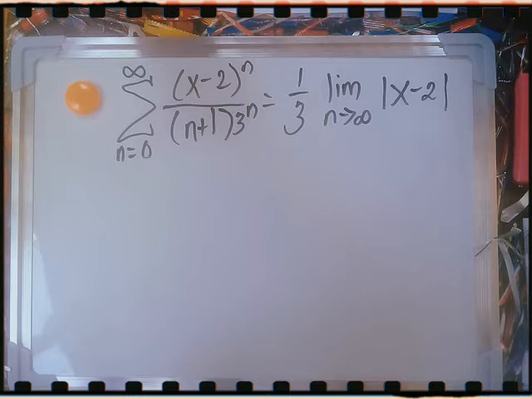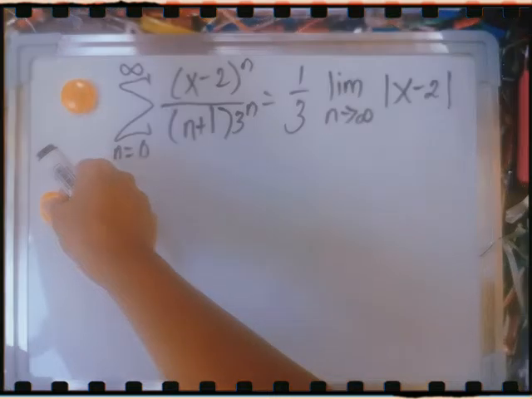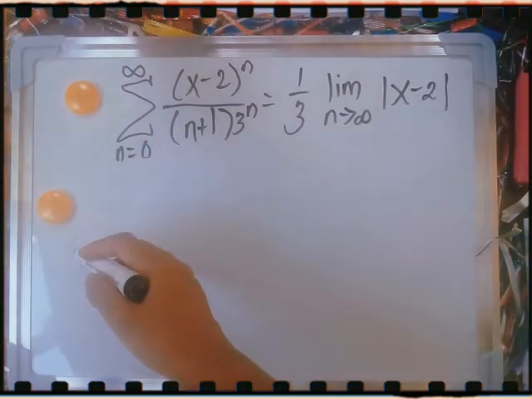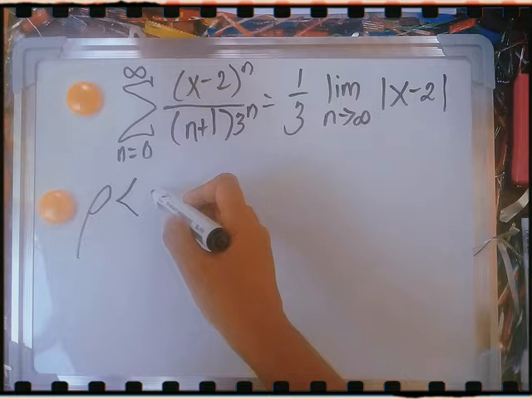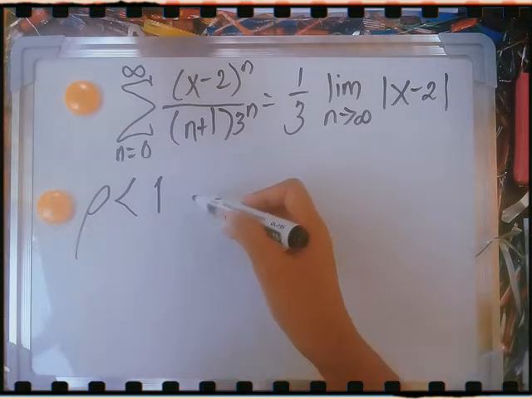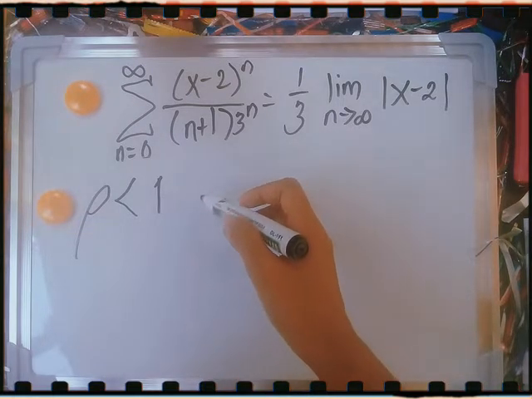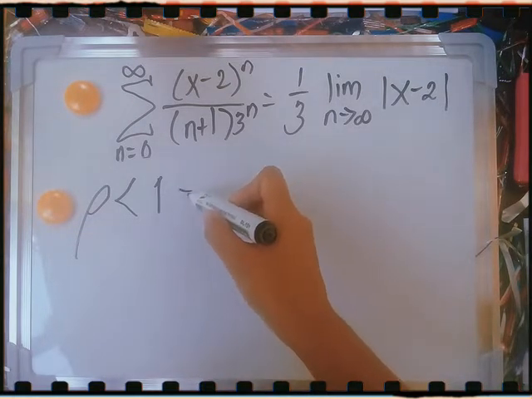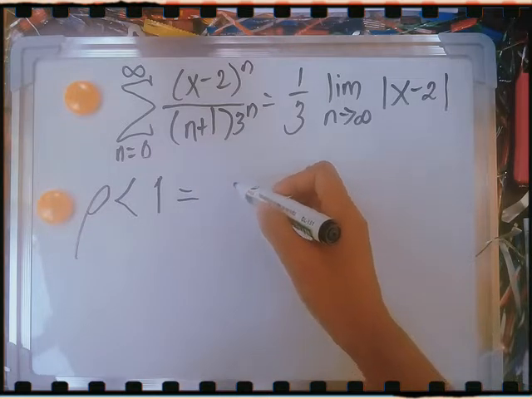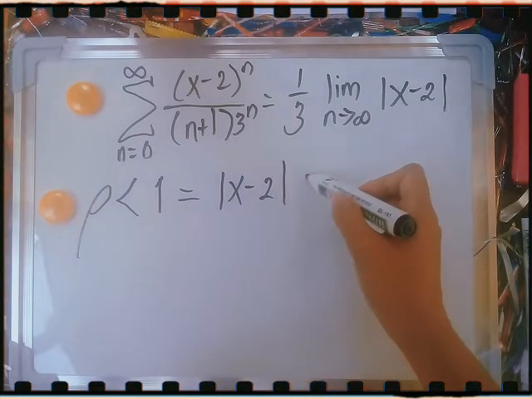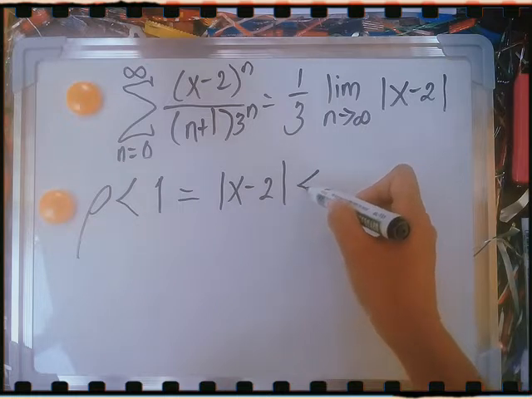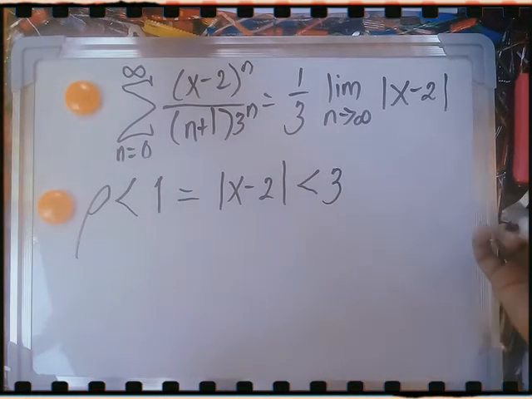Para mahanap natin ang interval of convergence, sinasabi dito na kapag ang rho is less than 1, ang rho kapag the absolute value of x minus 2 is less than 3.